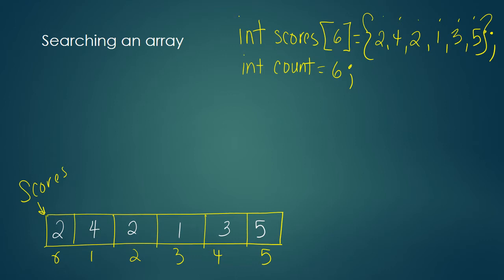I'm going to have a number which is called a target, and the target is the value that we're going to be searching for. Just because of space, I'm going to pretend that I prompt and then scan in for the target.